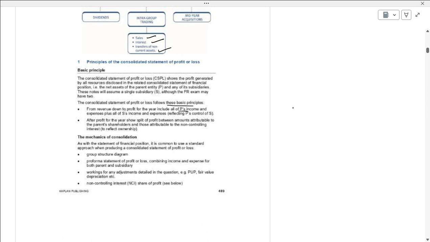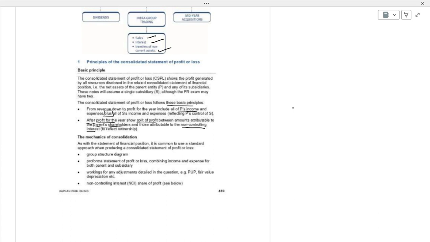The consolidated statement follows three basic principles: revenue down to the profit and loss account, all P income and expenses plus the S income and expenses. After profit for the year, split the profit between the parent shareholders and those attributable to NCI.